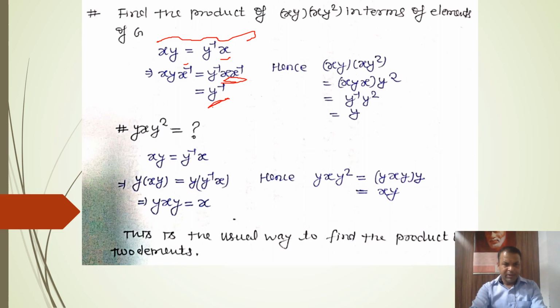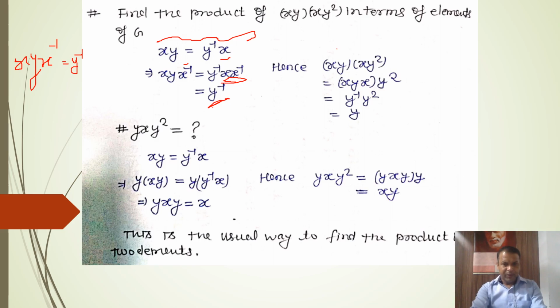So this is one of the most popular results: x y x inverse will be equal to y inverse. Students should remember this result directly because it is very applicable when we use the dihedral group.